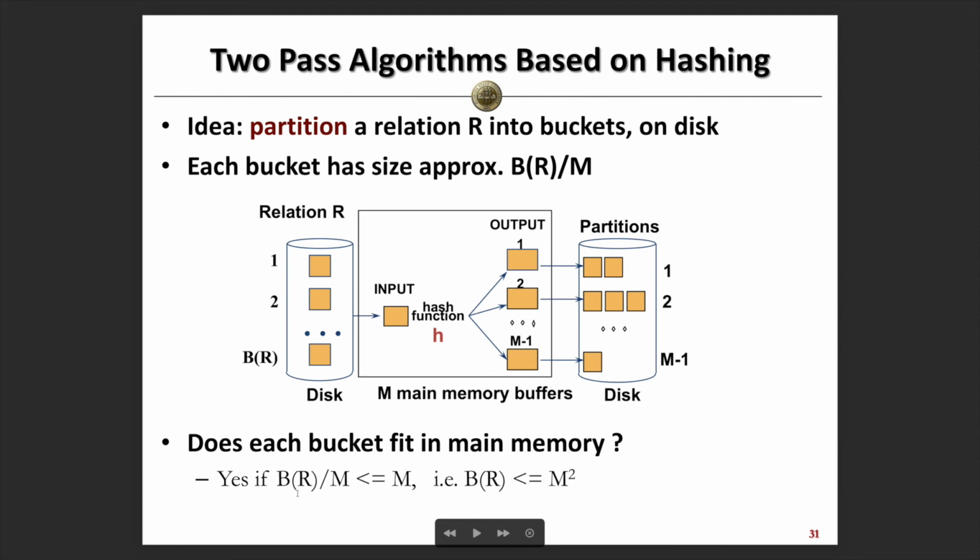We need to ensure that BR over M is no greater than M. In other words, BR is no greater than M squared, which is very similar to the constraint we showed before, right? Okay, so this is how to partition a relation into buckets. Later on, we will show you how to use this hash-based algorithm for implementing some operators.